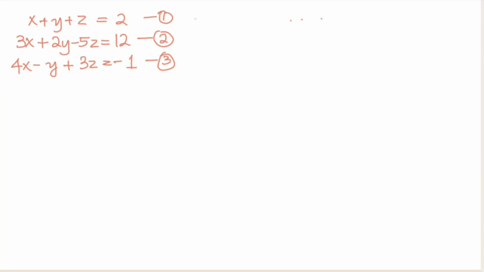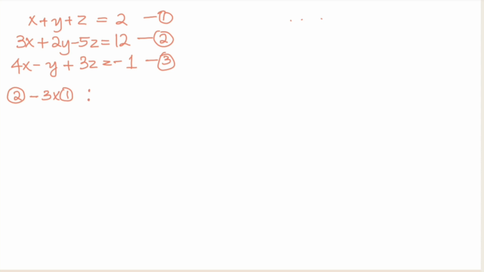So we can just subtract a multiple of equation 1 from equation 2. And here, if we want to eliminate x, the multiple to use is 3. So if we subtract 3 times equation 1 from equation 2, so if we write, let's say, equation 2 minus 3 times equation 1, what does that give us?